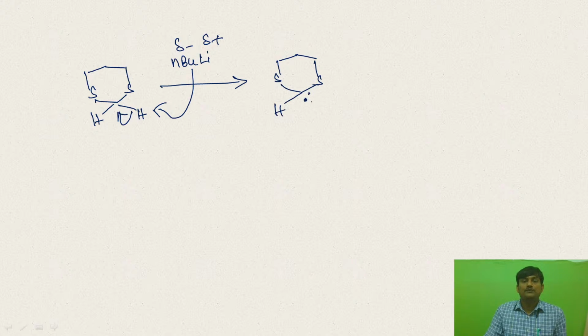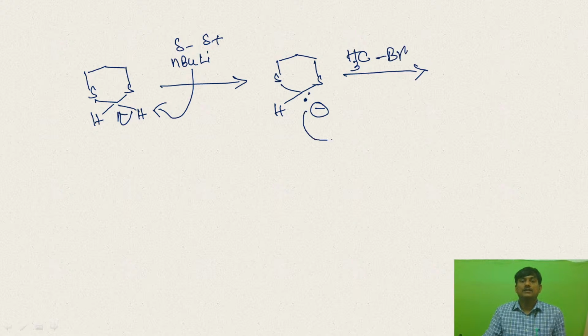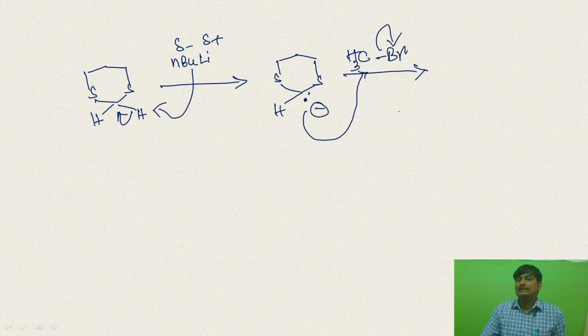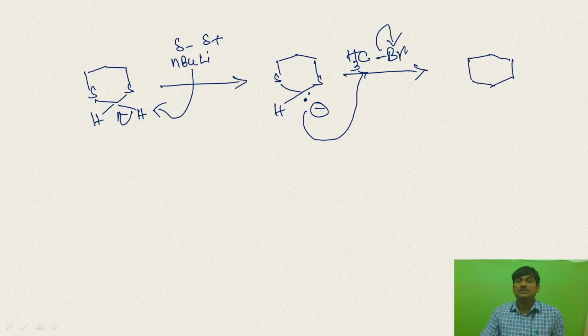There is a formation of carbanion. Let's take an alkyl halide, let's take CH3Br, methyl bromide. So here there is a nucleophilic substitution reaction, and there is a formation of methyl substituted 1,3-dithiane, hydrogen, and here there is a methyl group.